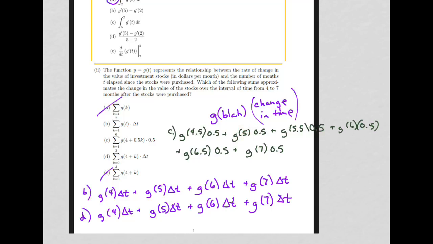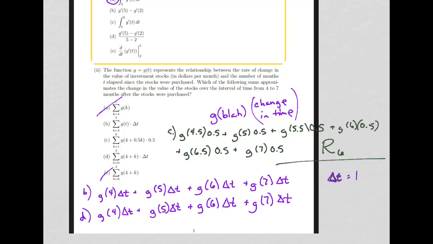In fact, if you were to draw this, this would be a right sum, and in fact it's a right sum of size 6. If you were to graph these g values, the 0.5 is the width of your rectangles. Now here, for these to make sense, delta t would have to be equal to 1 because your values are 1 apart.